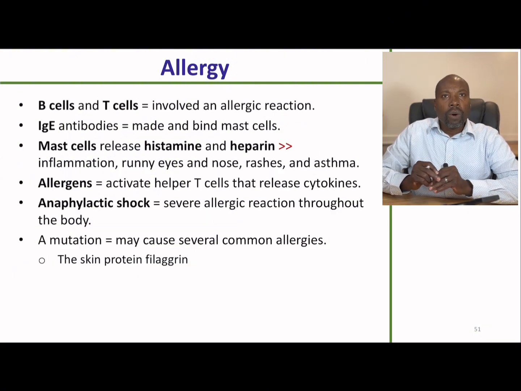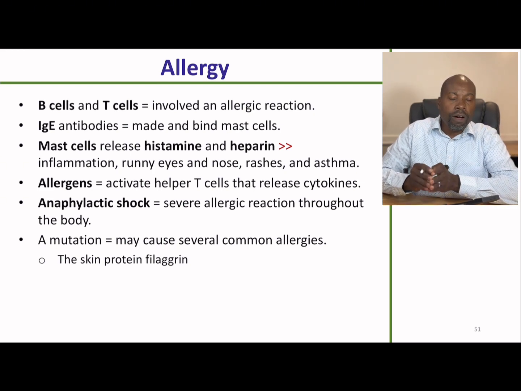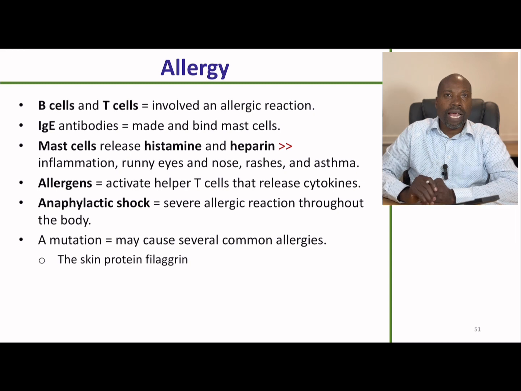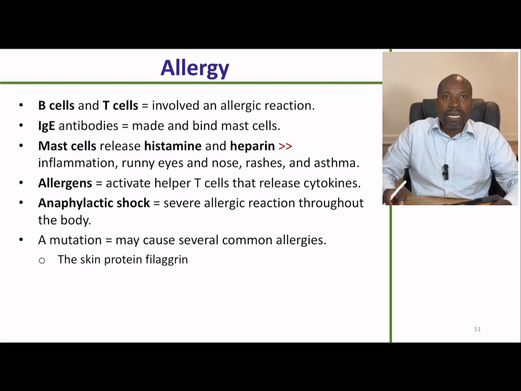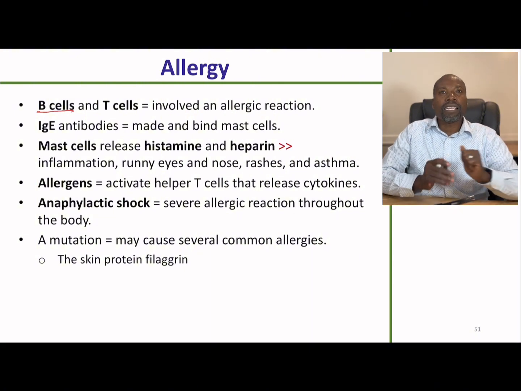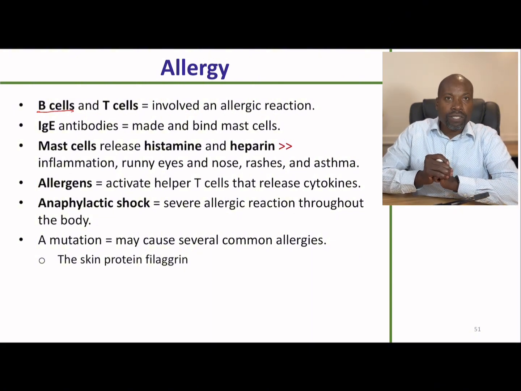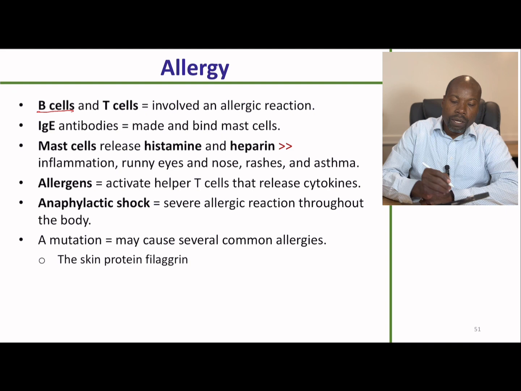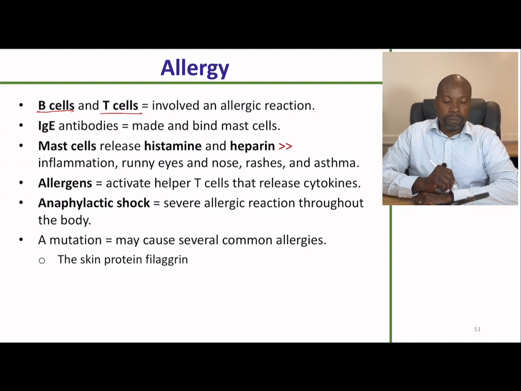Now, what cells and what factors are involved in allergic reactions? Well, typically, we are going to have B cells that are involved in allergic reactions. In addition to B cells, we are also going to have T cells that are involved.